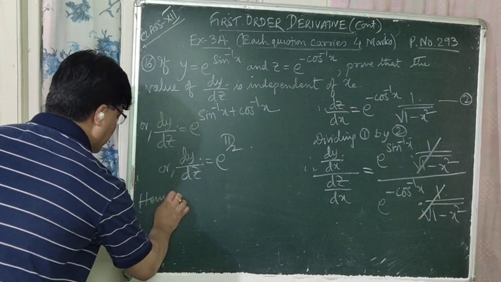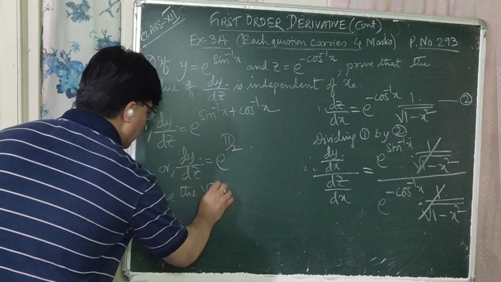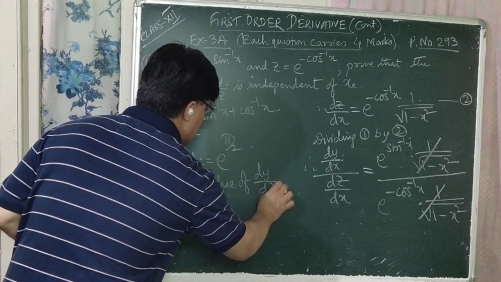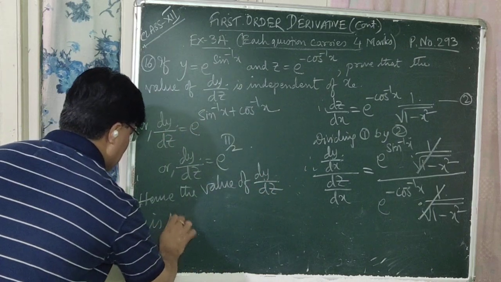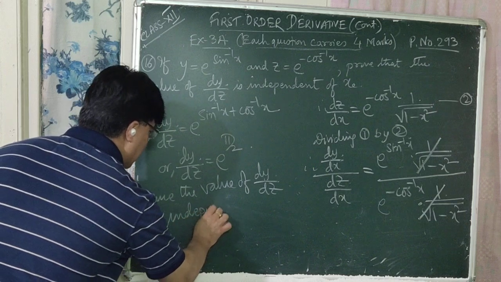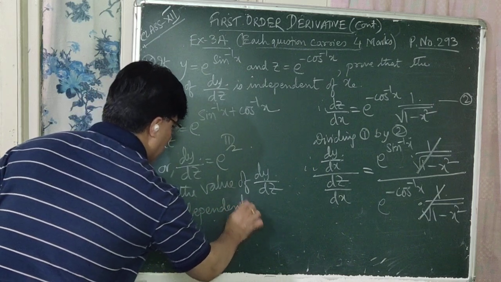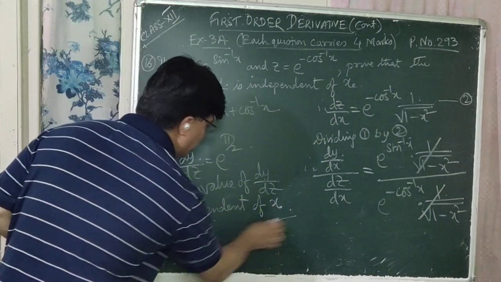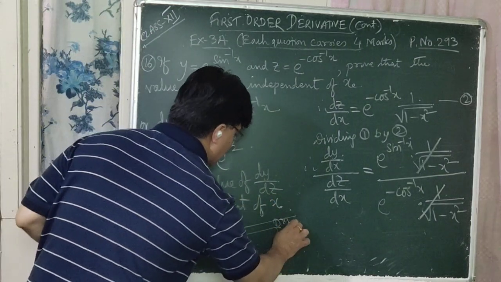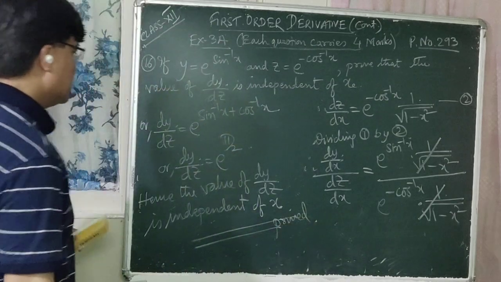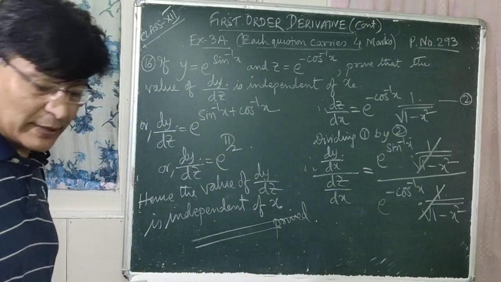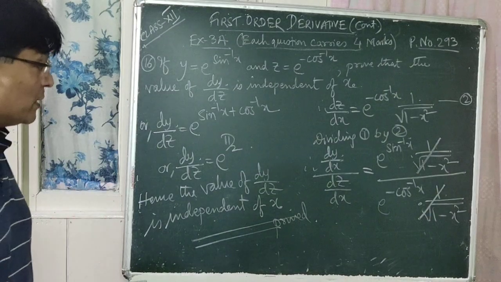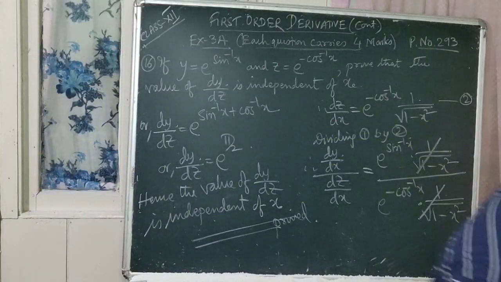Hence the value of dy by dz is independent of x. Proved. Hence the value of dy by dz is independent of x. So I think you have understood it. So you can copy it. We'll do the next question now.